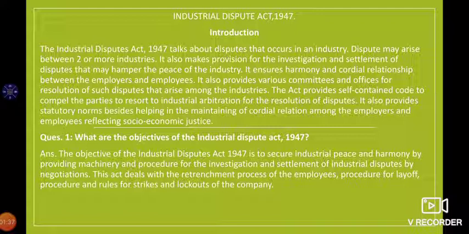The act provides a self-contained code to compel the parties to resort to industrial arbitration for the resolution of disputes. It talks about a self-contained code. So it provides the procedures, right, with the help of arbitration all the resolutions are taken care of. It provides a statutory norm besides helping in maintaining cordial relations among the employer and employees, reflecting socio-economic justice, right?